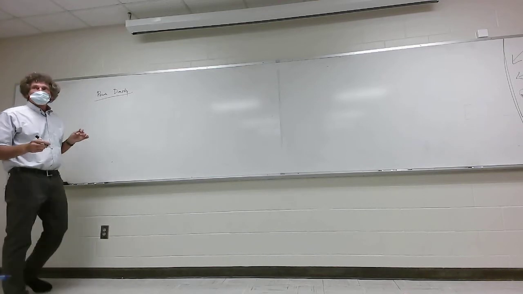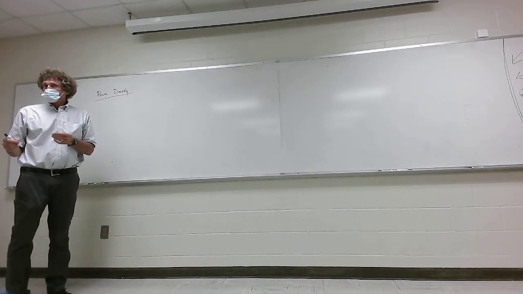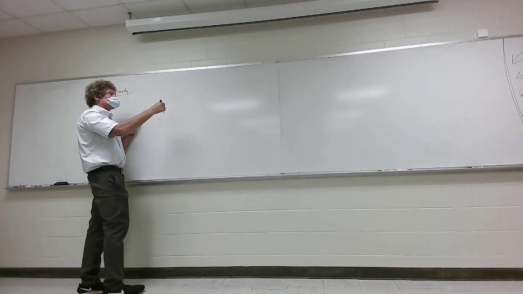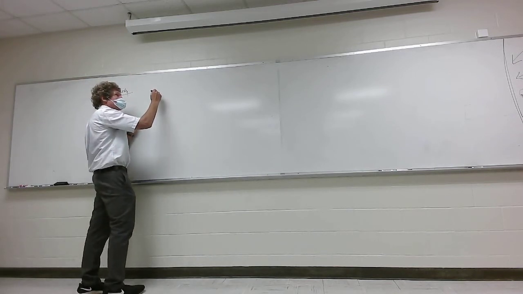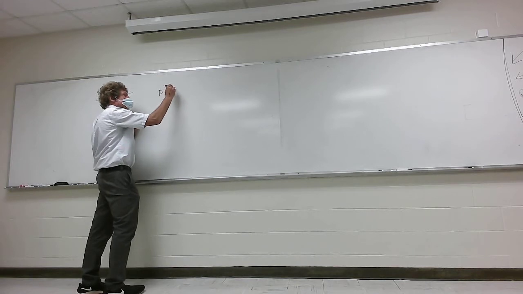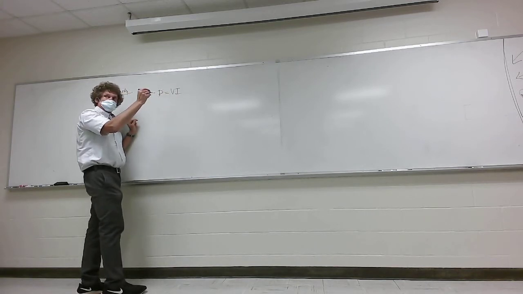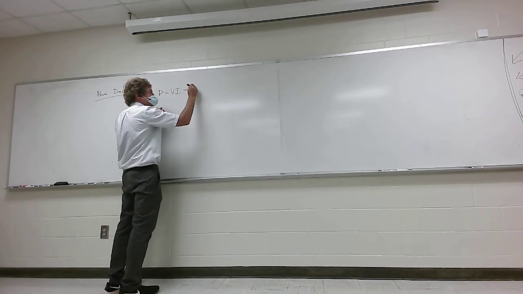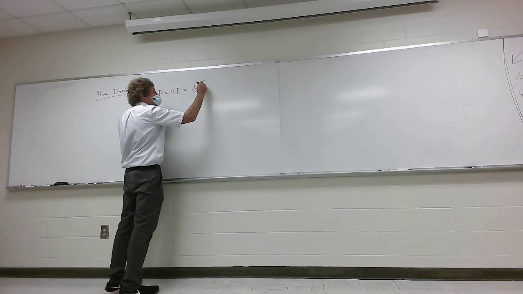When you think of power, back in the days of circuits, if it was DC power, you found out that power was equal to V times I, right? Or if it was AC, it's 1/2 the real part of V times I conjugated.